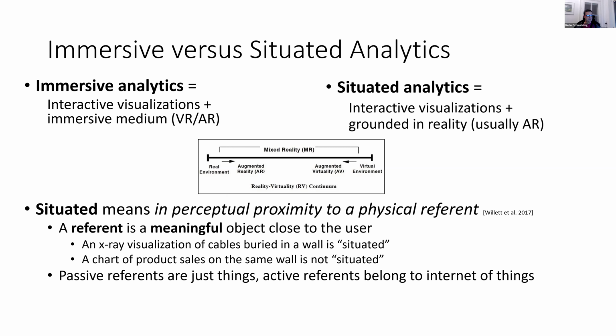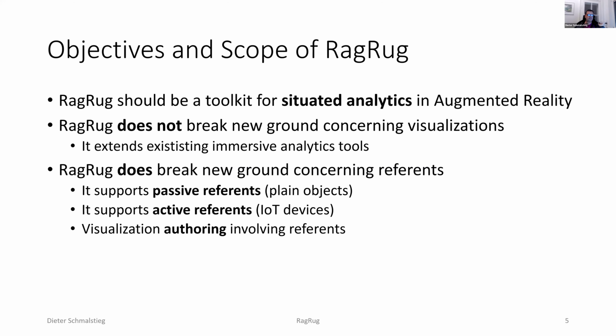So this is why situated analytics is important to visualize information related to physical references, and in particular, these active references. And this is what we will talk about. RagRug is our attempt at forming a toolkit that lets you build situated analytics applications, in particular using augmented reality.